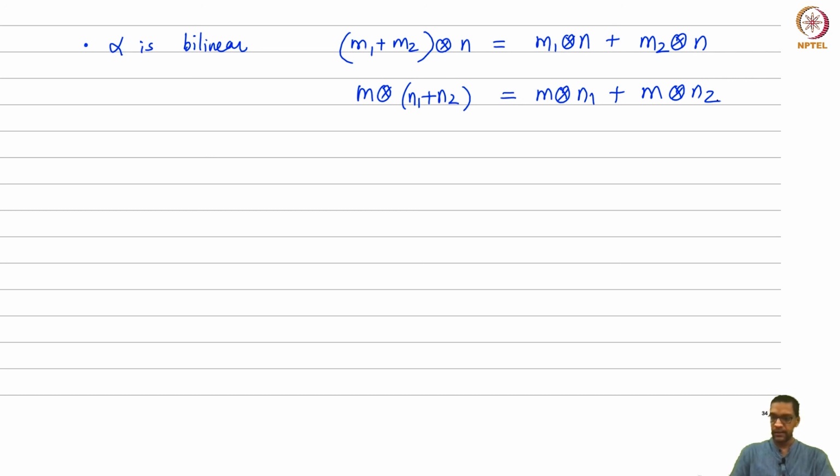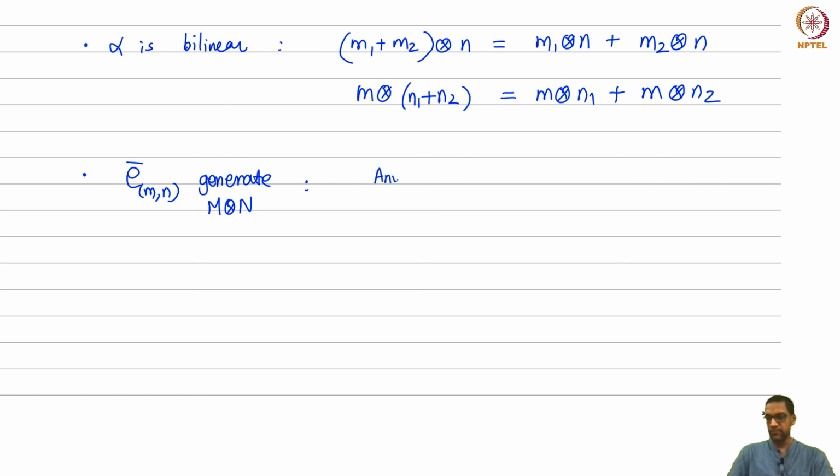Okay, and the other fact that we just said, that the E_mn bars generate the tensor product. What it means in this notation is the following. Recall, this is just saying that any element of T can be written as a linear combination with integer coefficients of the E_mn bars.